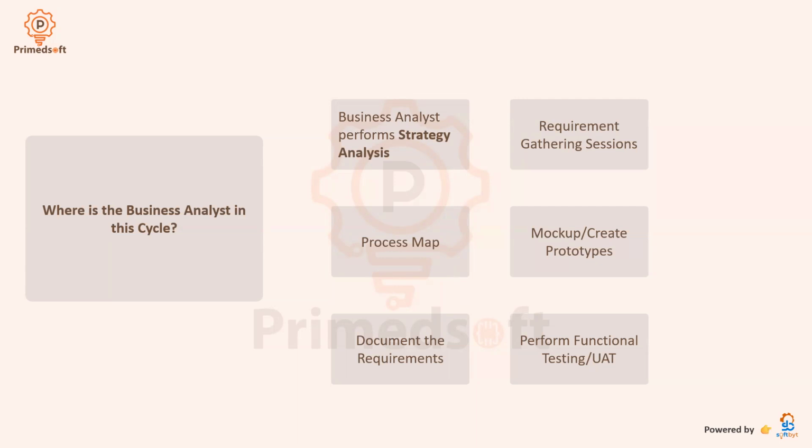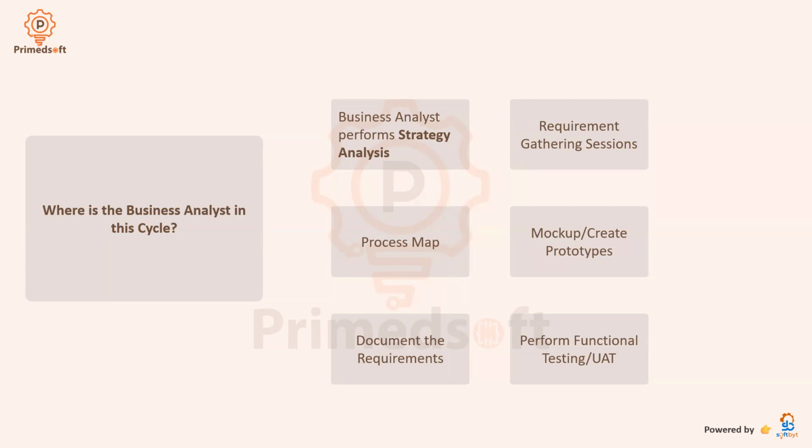So now, if approval is given to build the project, then what really happens? If the approval is given to build the project, this process of doing some analysis, understanding the situation, and deciding if it's an IT or non-IT solution, deciding if this project is worth building, is what we call strategic analysis. So it's called strategic analysis.